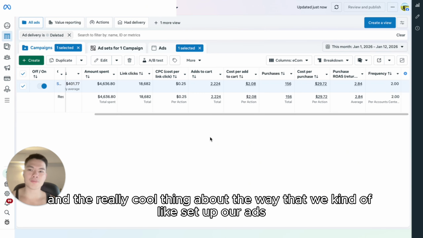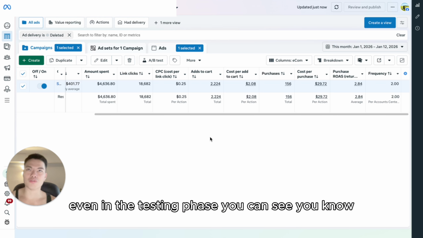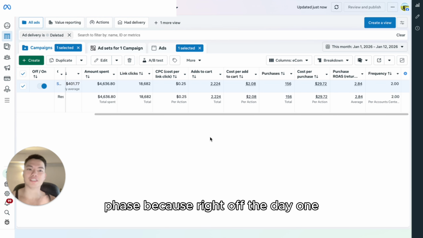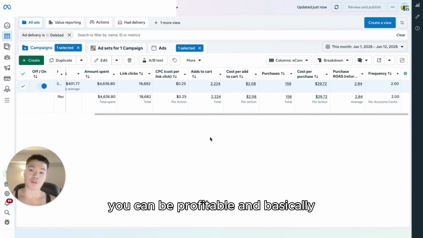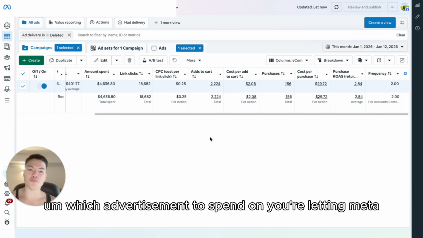And the really cool thing about the way we set up our ads right now is that there was almost no testing phase, because right after day one, you can be profitable. Basically, you're just letting Meta decide which advertisement to spend on.